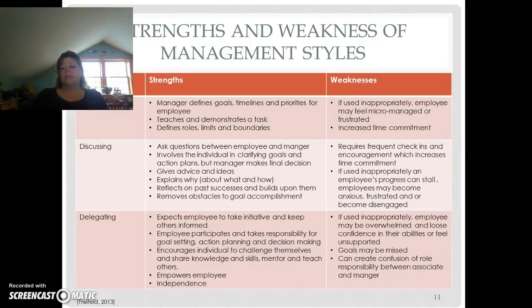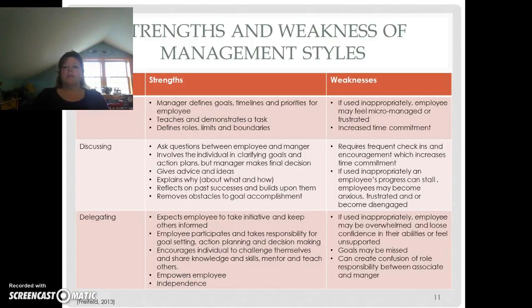The manager makes the final decision with this one, but it's an idea to give advice and ideas back and forth with each other, and it helps remove those obstacles to the goal, and it starts to build that experience and confidence in the associate. This does require frequent check-ins and encouragement, which does increase time constraint, not as much as the directing, but it still has quite a bit of commitment needed.